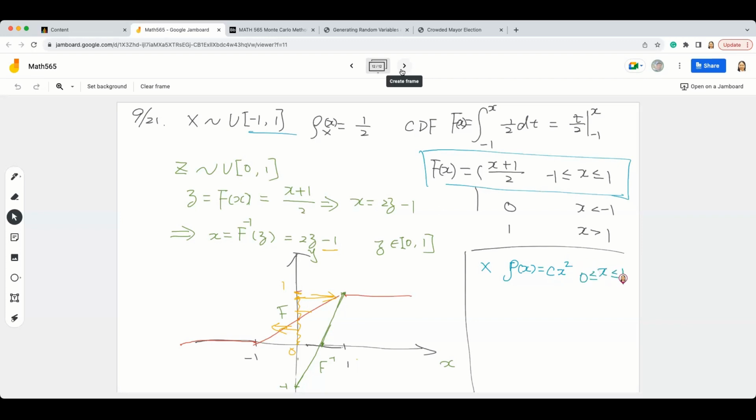Can you find the c? First, find the c. Second, figure out a way to generate x based on this inverse distribution transformation. So there are two questions you can think about.